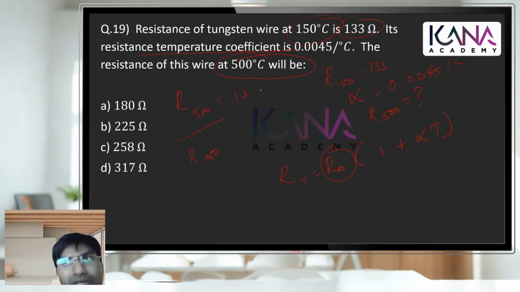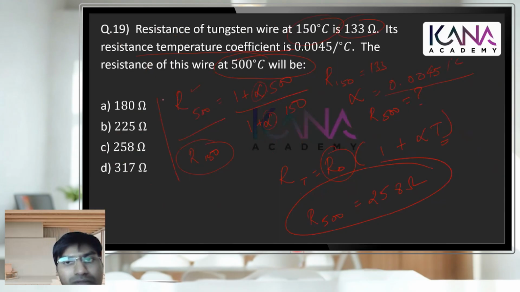There will be 1 plus alpha times T, where the T value here is 500, and in the denominator, 1 plus alpha times 150. We know the alpha value, and we know the R150 value, so the only unknown is R500. When we solve this relationship, we will get R500, which is nothing but 258 ohms.